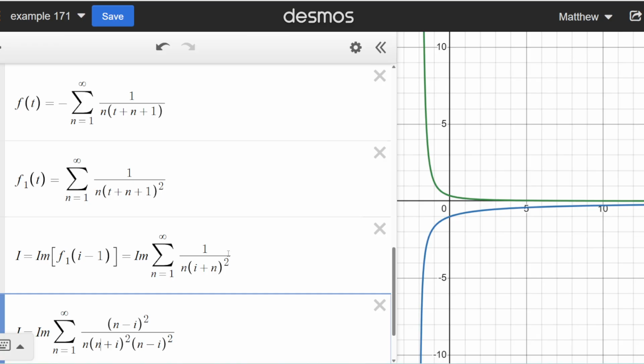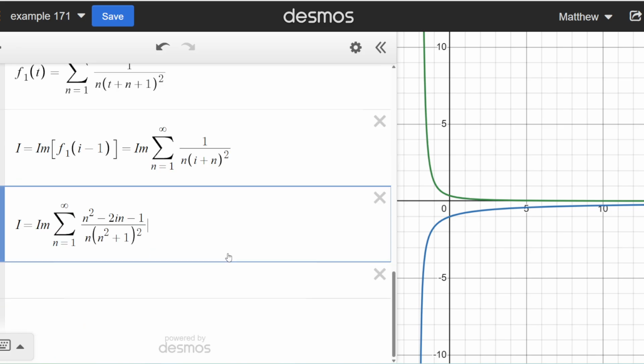That's going to give us n squared plus 1 downstairs, all squared, and if we FOIL this out, we should get n squared minus 2in minus 1, right? i squared is minus 1. Yeah, we get a minus and minus, minus 1.